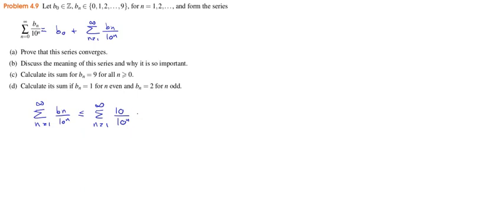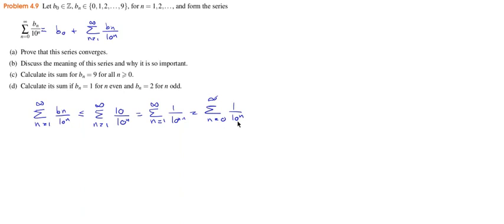So this is equal to the sum from n equals 1 to infinity of 1 over 10 to the n minus 1. When n equals 1, this is 1, and so we could rewrite this, and please prove this at home if you're not sure that these two things are the same.